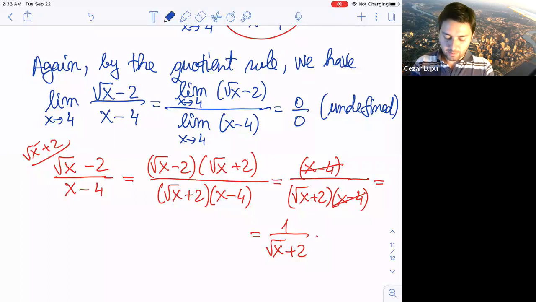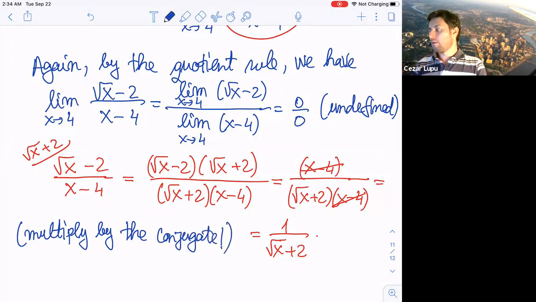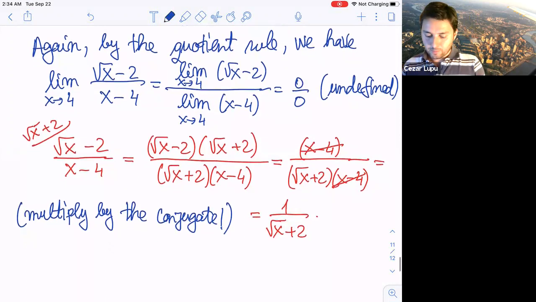So here we multiply. Always when you have radicals, you multiply by the conjugate. Always. Right?